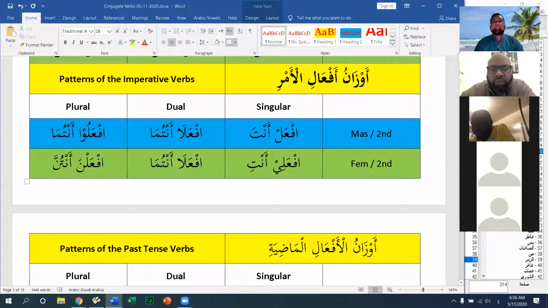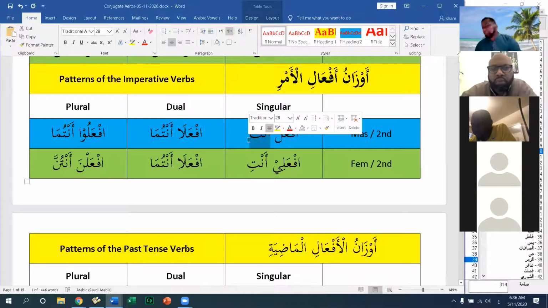So if'al, anta, if'ala, antuma, if'alu, antum, if'ali, anti, if'ala, antuma, if'alna, antunna. And you never ever say this. You can technically, but you don't really say it because it's understood. When I say if'al, I'm speaking to a single male.